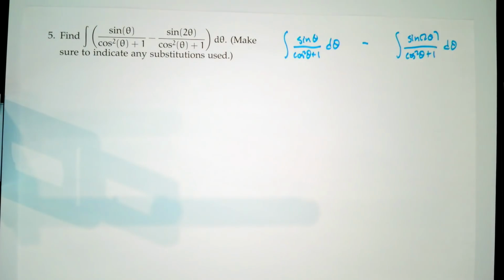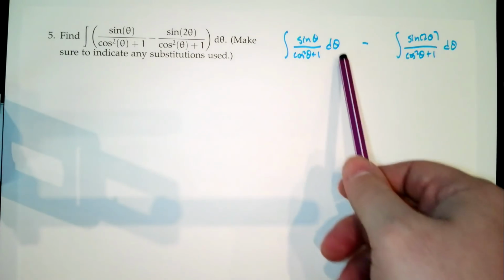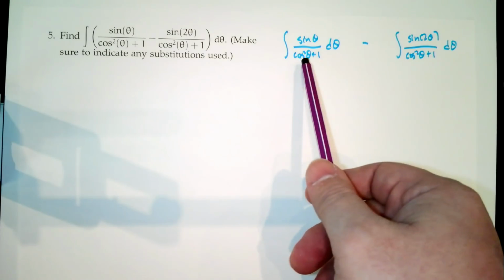Look to see how you can use those 3 tools. Algebra means look for ways to combine things, expand, factor, that type of idea. Trigonometry says look for possible trig identities. And substitution says, can I set one of the variables, u, equal to something, and get a nice du? So looking at the first integral, I can't help but notice I have a sine theta d theta upstairs, and downstairs I have stuff in terms of cosine.